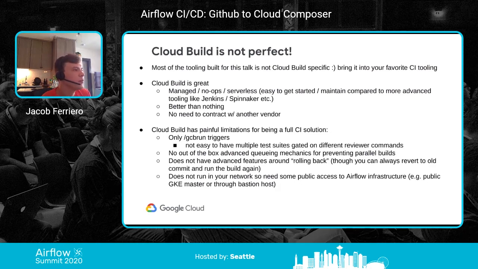There's no out-of-the-box advanced queuing mechanics. So if you had many people opening PRs at the same time and you wanted to prevent them from running the CI tests at the same time, you'd basically have to solution that yourself. And it does not run in your customer project network. So you need some access to the Kubernetes master, basically, to run any of your Airflow commands.